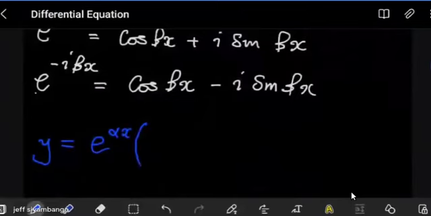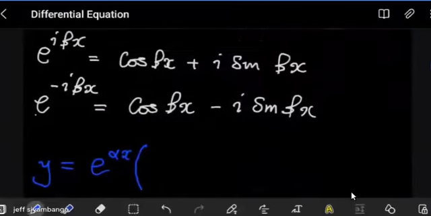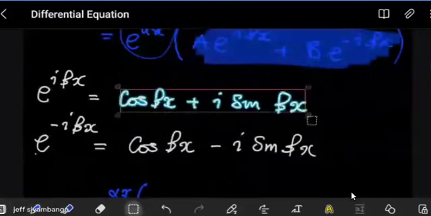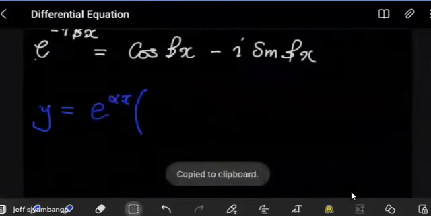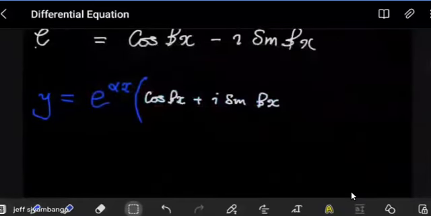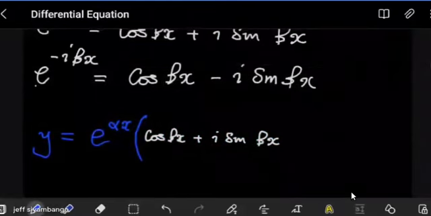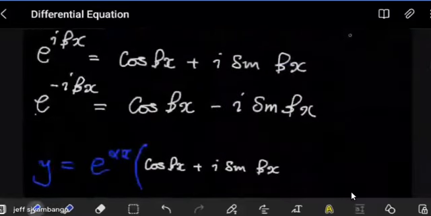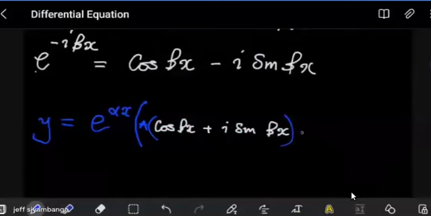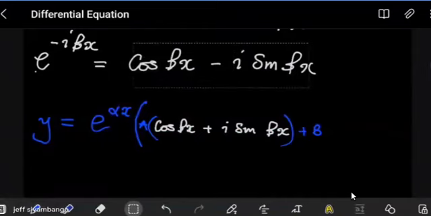And then what we have inside is going to be, the first one doesn't have a negative, so it's going to take this form. I hope you're starting to see how this is going to move. Then the second one, we're seeing a plus there. But don't forget, we do have that A multiplying everything here. Then you have plus B also here, and B multiplies everything on this side.